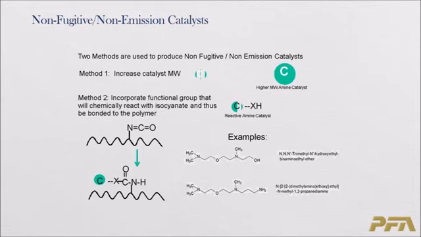One is to basically make a larger molecule, a higher molecular weight, so it's not as volatile. And the second is you can incorporate a functional group, with some examples shown here, that can then react and incorporate into the polymer network itself. As a result, because they're either higher molecular weight or get incorporated, you typically have to adjust the foam formulation and use higher levels of these types of catalysts versus the standard catalysts.